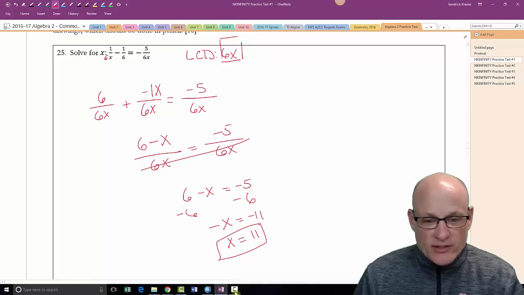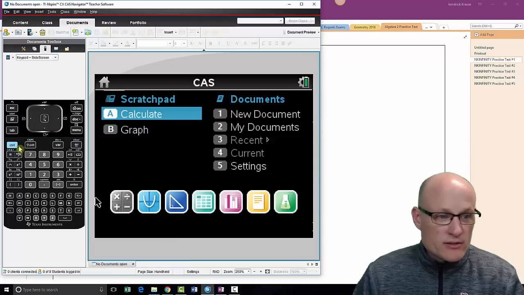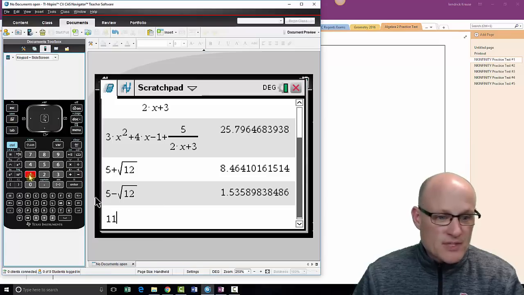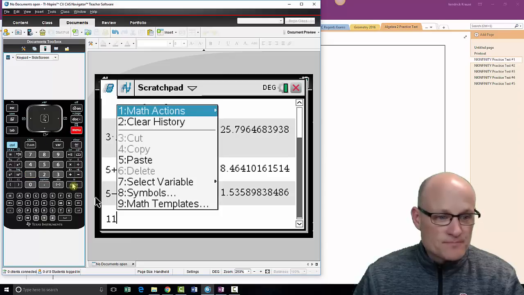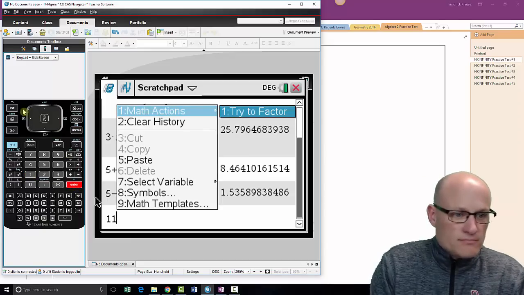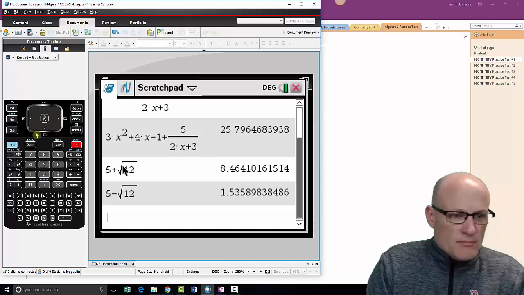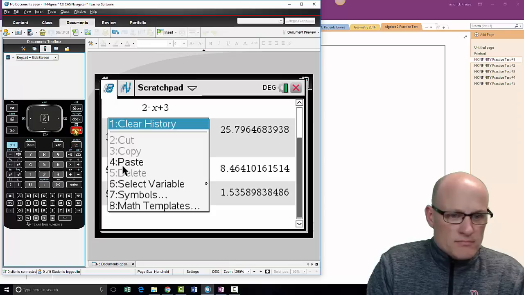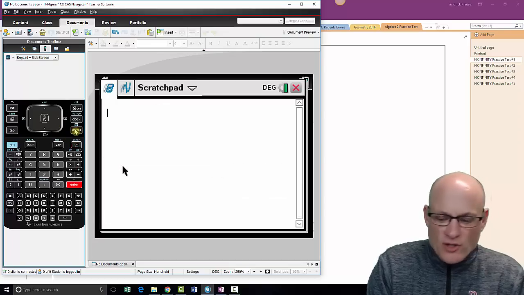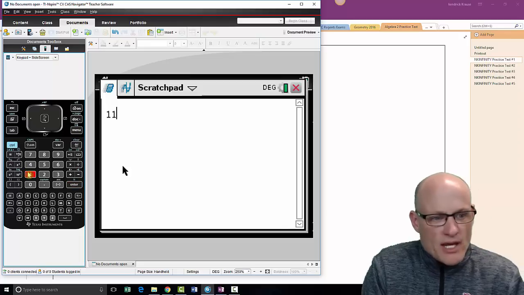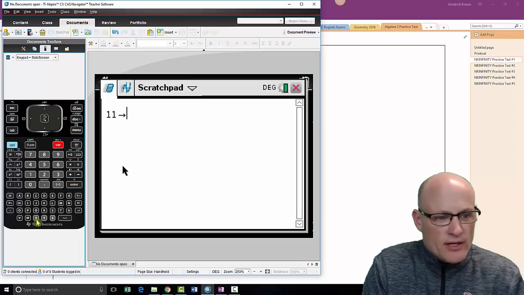Certainly we should check this sucker. So we go over to our calculator. We're going to take 11 and store it into x.